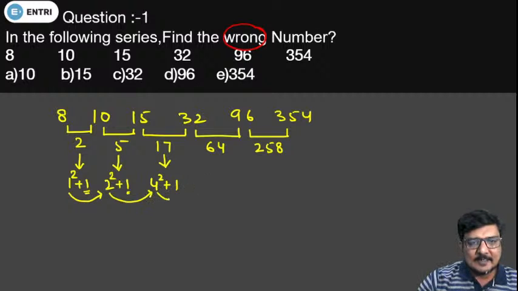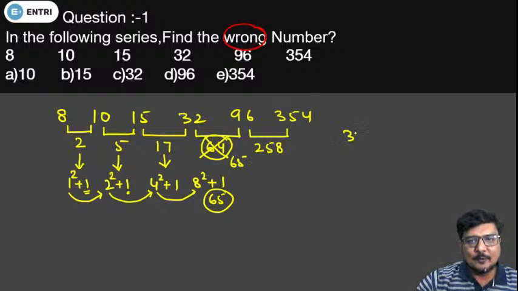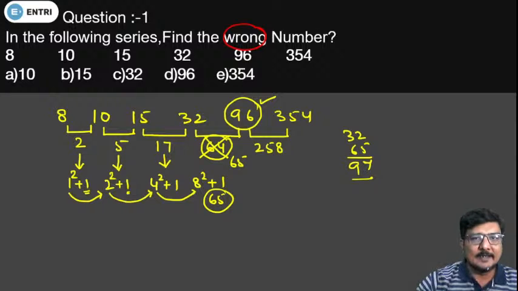It means the next difference should be double of 4, meaning 8 square plus 1, and this gives us 65. So the difference will be 65, not 64, and then 32 plus 65 will give you the next term 97. So the wrong term in this series comes out to be 96, which is option D.